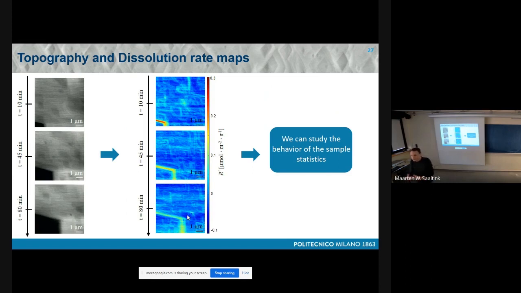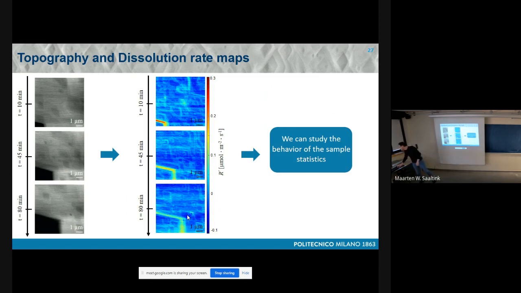And then, I would say yes, we are going to have parameters which depend on time. And then we need to interpret the temporal variability of the parameters of this distribution, and maybe in 10 years we are going to be able to link this temporal distribution to the different types of processes and topologies associated, and the degree of irregularities, so etch pits and terraces which are taking place in the system.